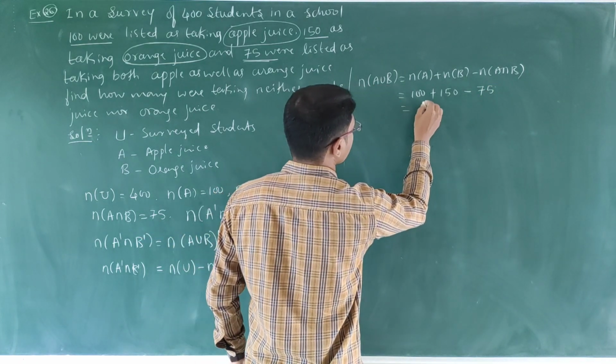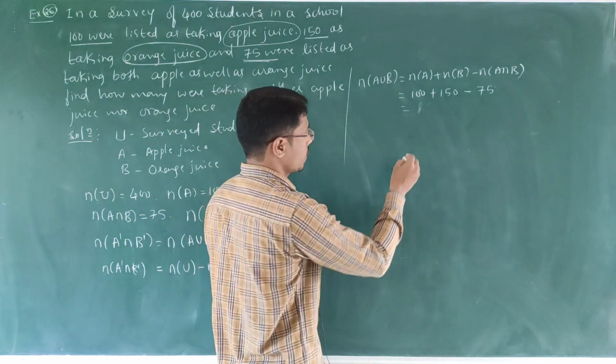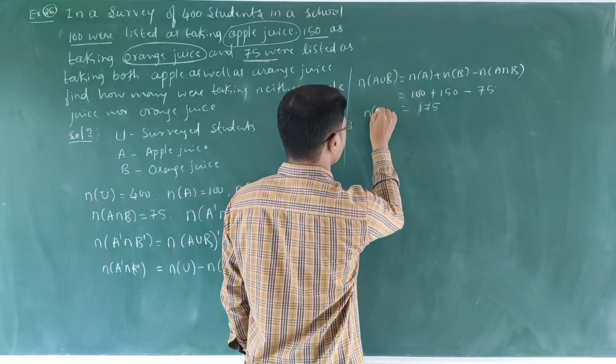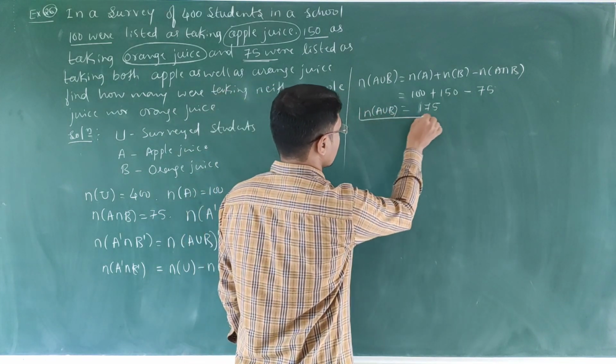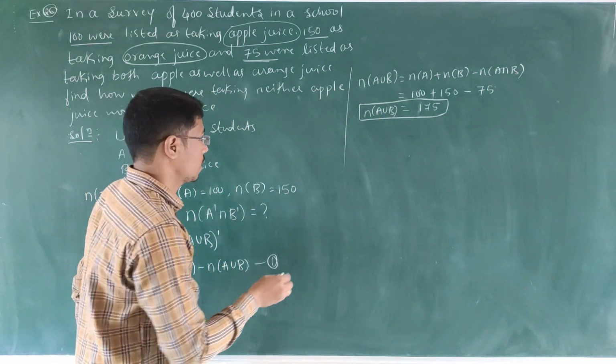So this is equal to 250 minus 75 is 175. So number of students in A union B is 175, okay. So take equation 1.